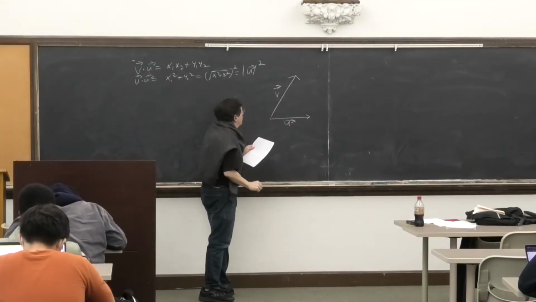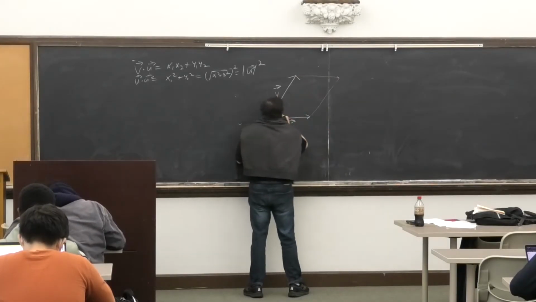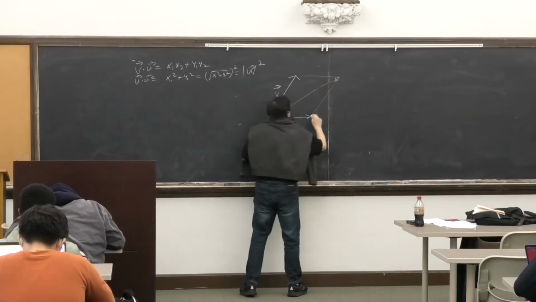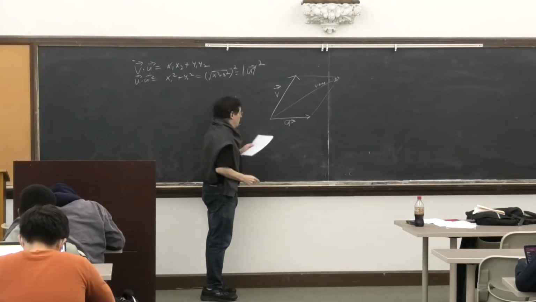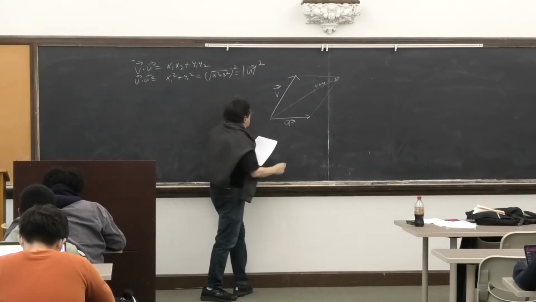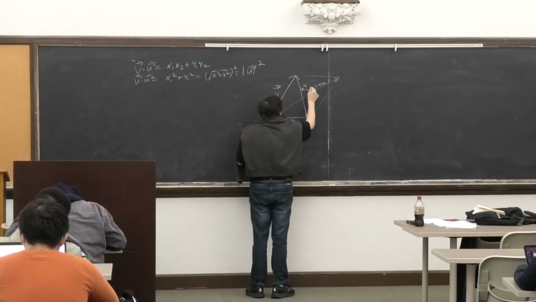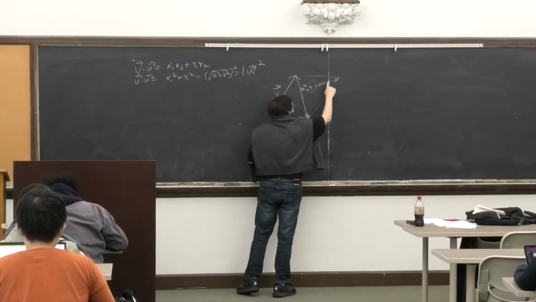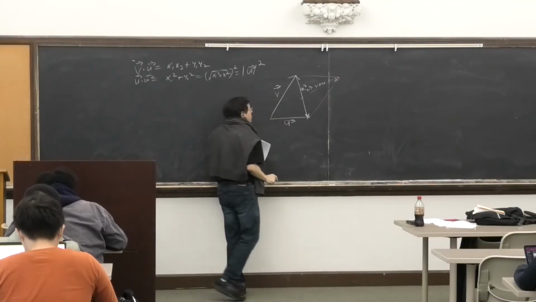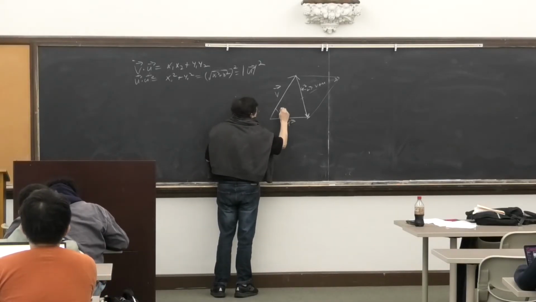And of course, the sum of these is going to be this vector, v plus u, but their difference, u minus v, can be this vector, the other diagonal of the parallelogram. And we're going to make this angle theta, the angle between them.